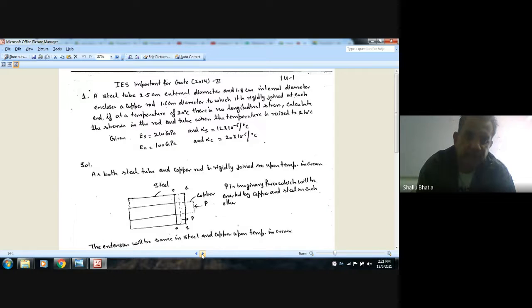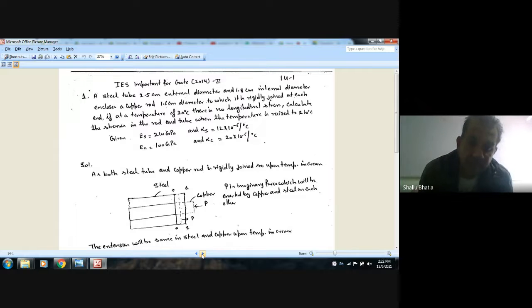If at a temperature of 20 degrees there is no longitudinal stress, calculate the stresses in the rod and tube when temperature is raised by 210 degrees Celsius. Given ES is equal to 210 GPa and alpha S is equal to 12 into 10 to the minus 6 per degree Celsius. EC is equal to 100 GPa and alpha C is equal to 20 into 10 to the minus 6 per degree Celsius.